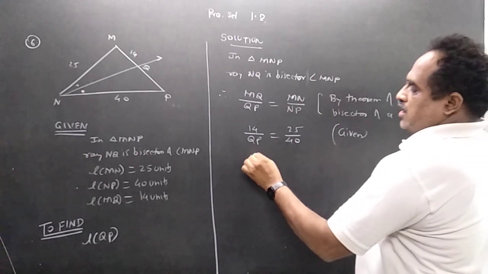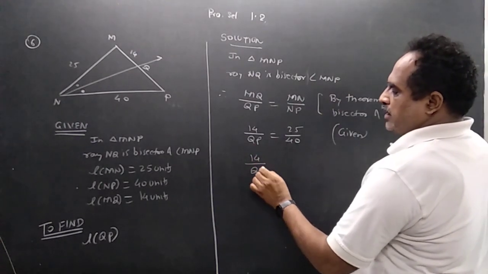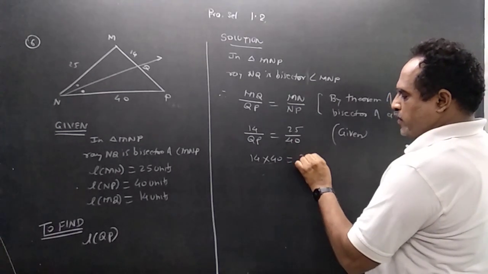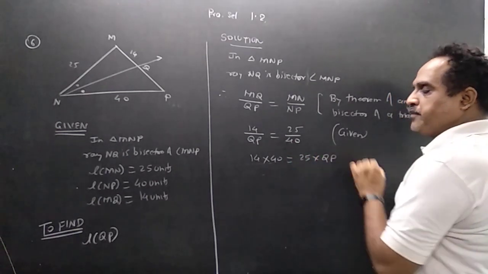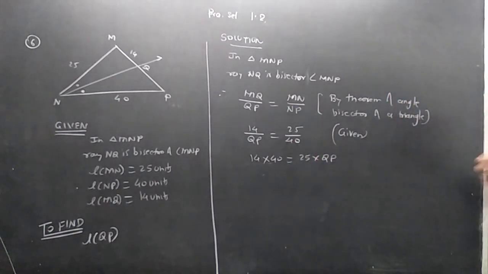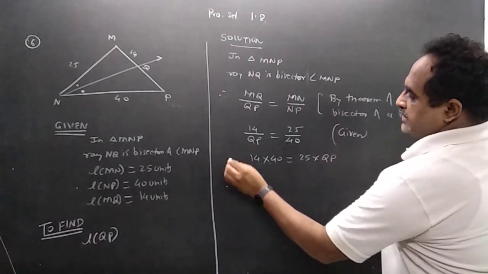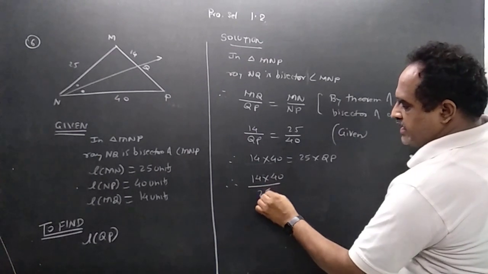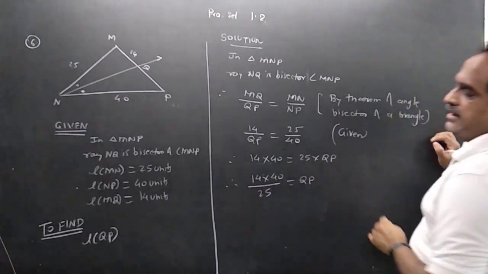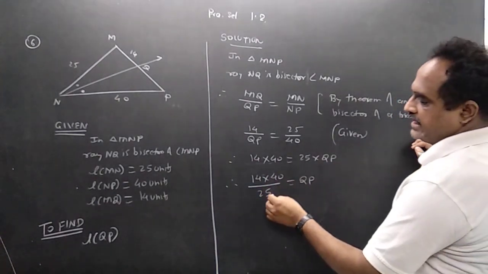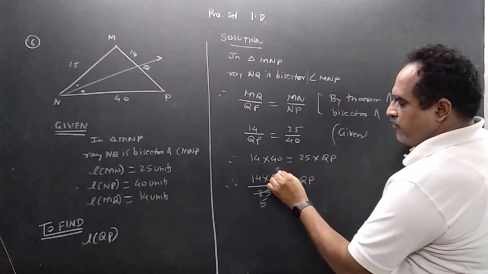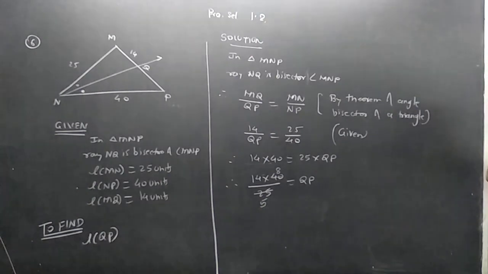So 14 into 40 is equal to 25 into QP. Is it right? Therefore, 14 into 40 upon 25 is equal to QP. I think you can cancel with 5. 5 fives are 25, 5 eights are 40.